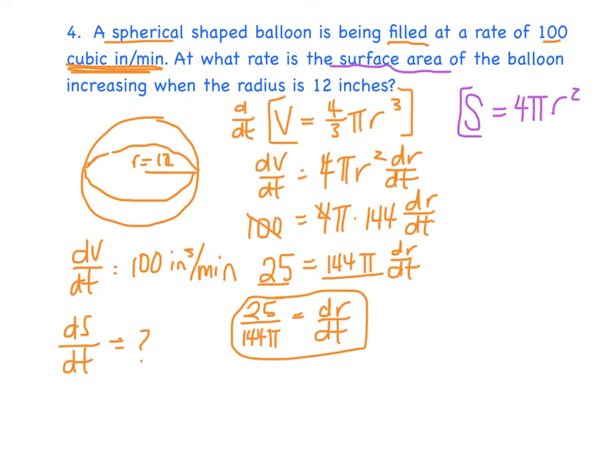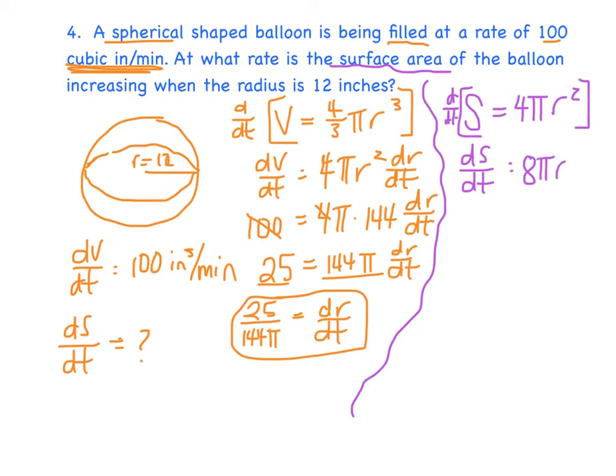Take the derivative of that with respect to time, so dS/dt equals 8 pi r dr/dt. dS/dt is what's unknown to me, so I can't fill that in. 8 pi, my radius is 12, and my dr/dt is 25 over 144 pi. Remember, this is all over 1.